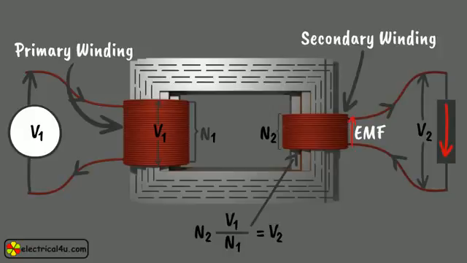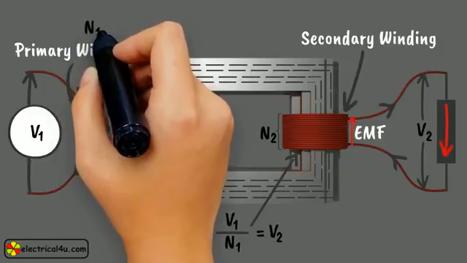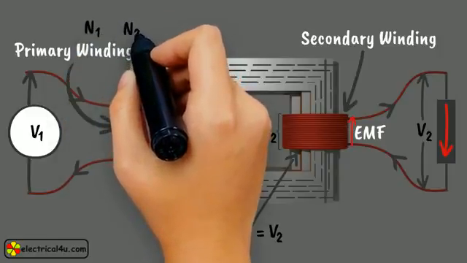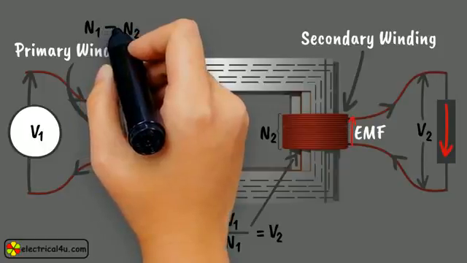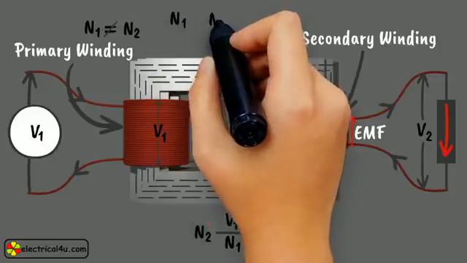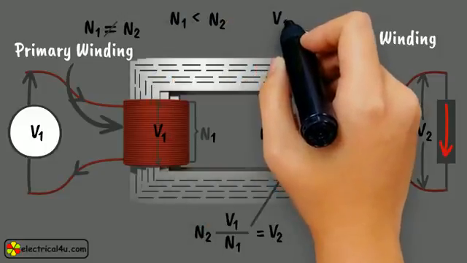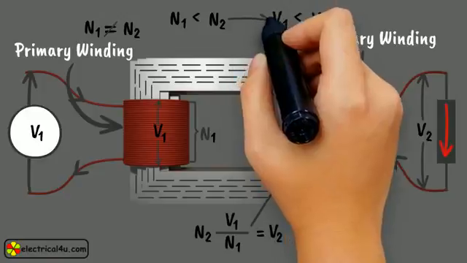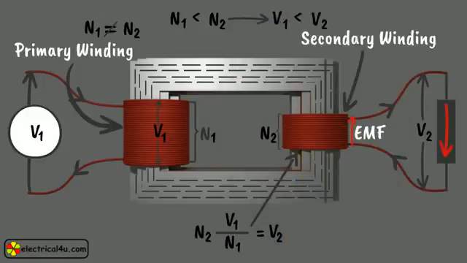If the number of turns of the secondary winding is not equal to that of the primary winding, that is, if N2 is not equal to N1, then the secondary voltage of the transformer is different from the primary voltage. Now, if N2 is greater than N1, the secondary voltage will be more than the primary voltage.